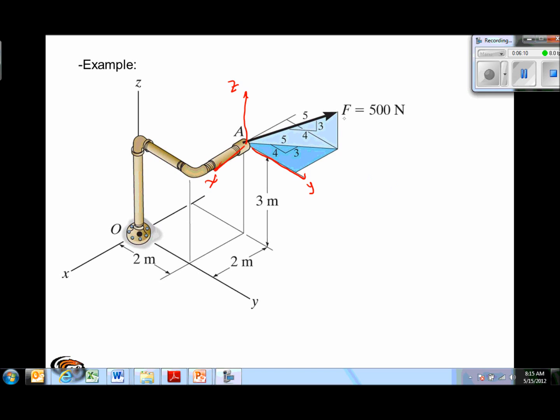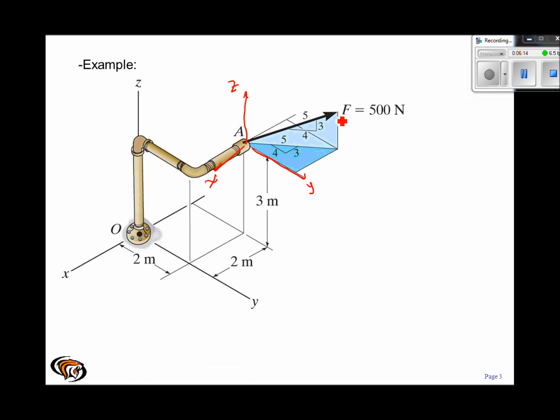So we start by finding the vertical component of the force. That would be this. This is F of Z, which will be equal to 500 newtons times 3 over 5, which is going to be equal to 300 newtons.